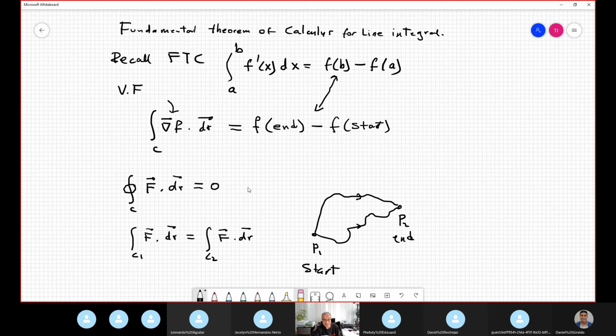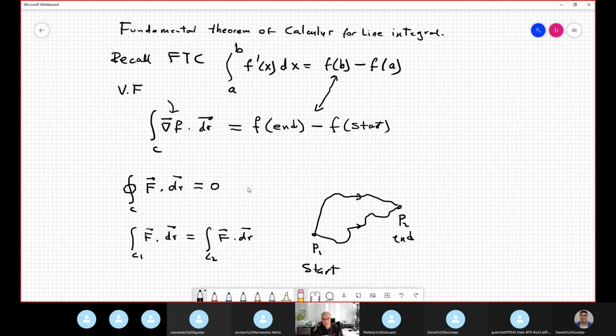Remember, anti-gradient, which is backward, and you evaluate the last point, final point, minus start point. Okay, if there's a potential function, it is possible to find the work done. So you say, don't need to compute the work done using the integral? No. You will be able to prove that our vector field is conservative. So I go directly to find the potential function and evaluate between the endpoint and the start point.